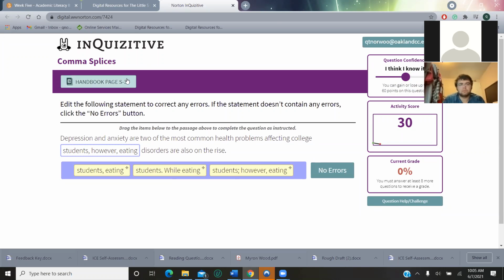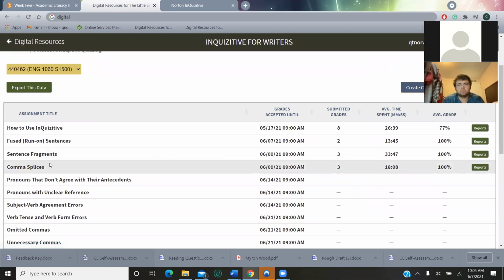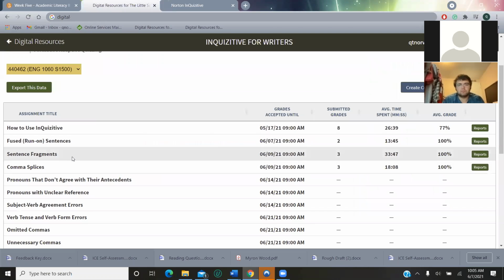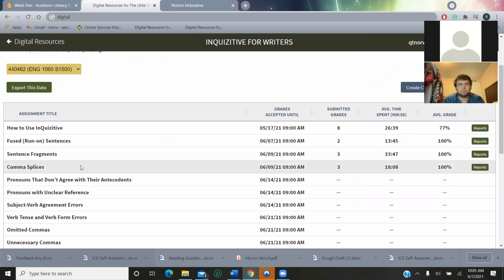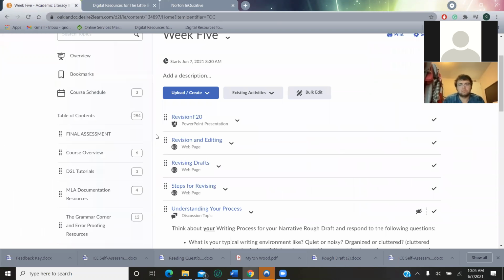So practice fragments, comma splices. Don't put pressure on yourself. This is all about learning. And I'll make a note of this on D2L as well once I get today's class uploaded. That's enough grammar for today. I don't want to give anybody a sentence overdose. That material is good in small doses.